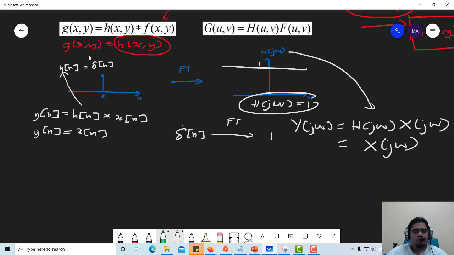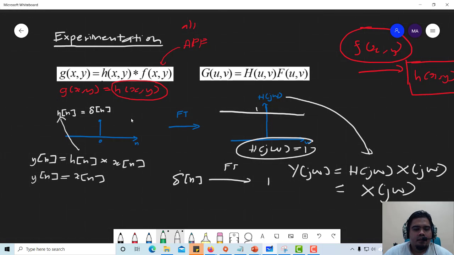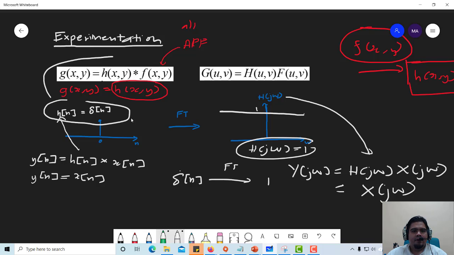If you convert into the time domain, this is how the all pass filter looks like. Now the issue is, this is the one that we want to inject as our f(x,y). Don't be confused: even though I'm using the same h here, in this case I don't want this one to be put here.